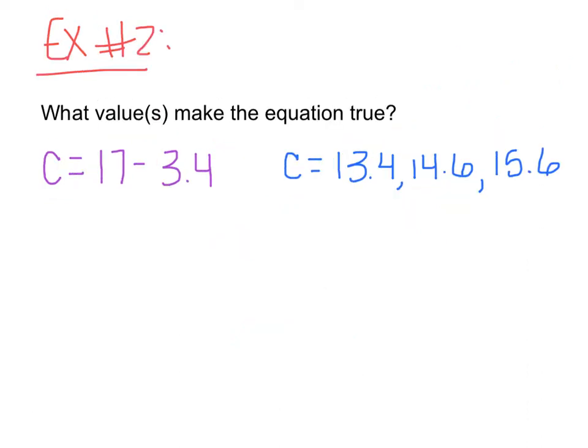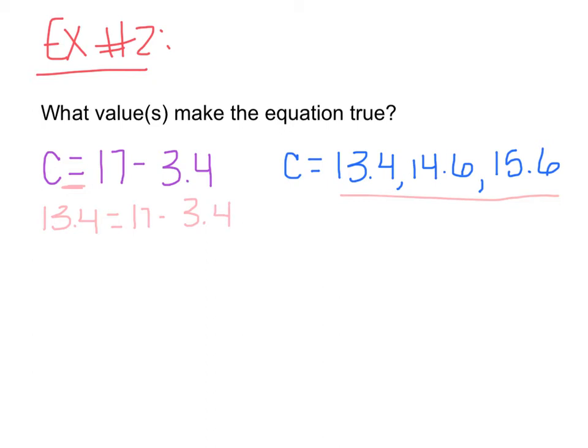Number 2, which values make this equation true? Now this is an equation because it has an equal sign, not a greater than or less than sign. So again, we can just plug in these numbers for C. So we would have 13 4/10 equals 17 minus 3 4/10.